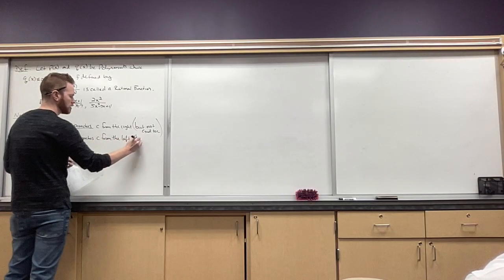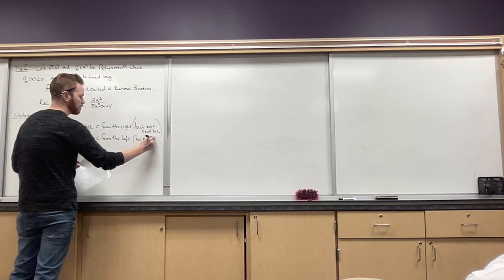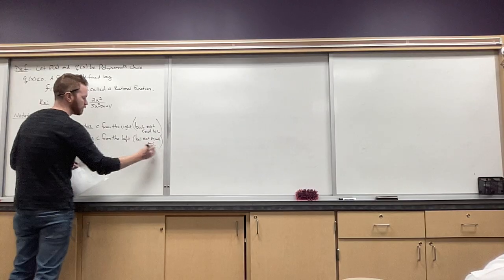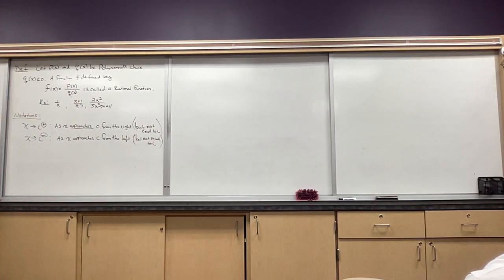And again, just not equal to that number. We just want to know what's happening, okay? What's the behavior of the graph as it approaches it from the left. So in this direction, so if we're going this direction, and let's say the number was 2, okay, what's happening in the graph as it approaches 2, okay, as it approaches 10, and so forth.